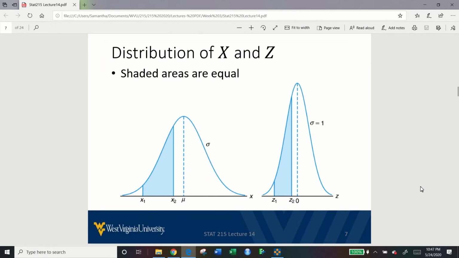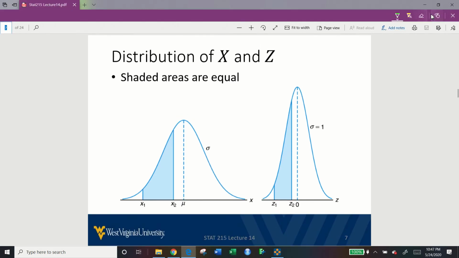What we are essentially doing is, in this first graphic, which we'll call graphic A, this first distribution was our original normal distribution. We had our mean mu, and we wanted to find the probability of x1 less than x less than x2.